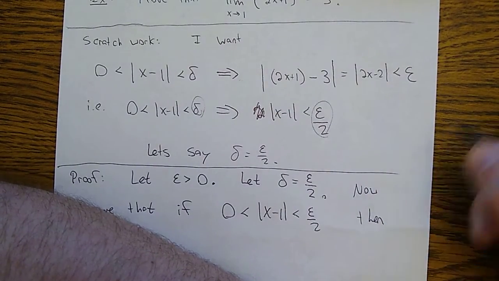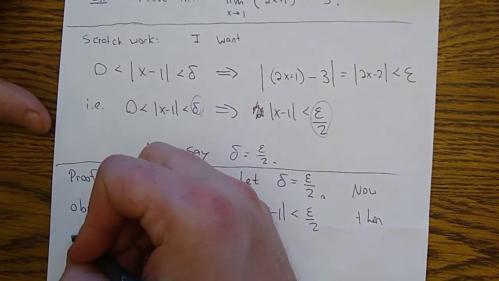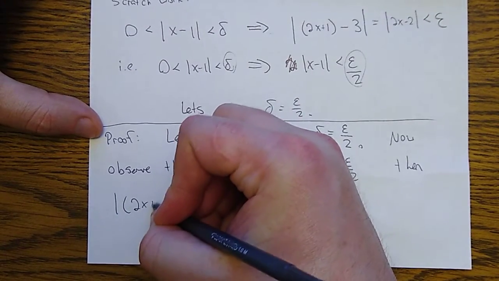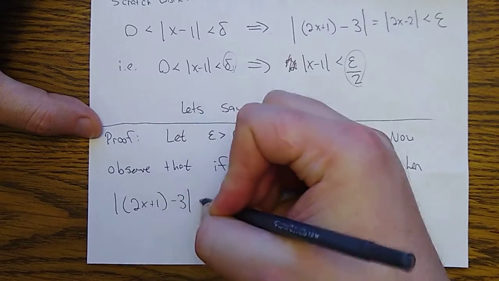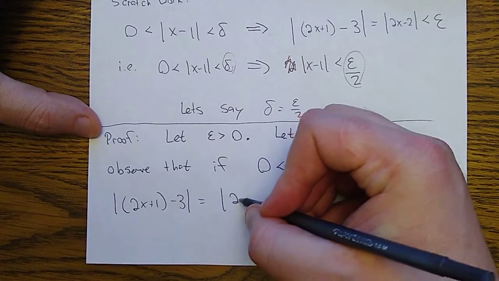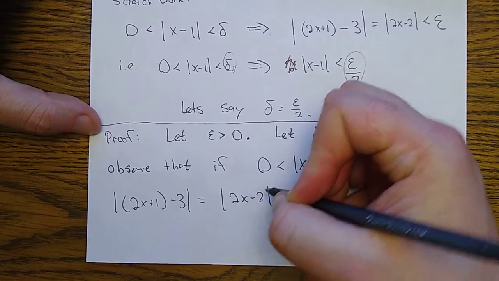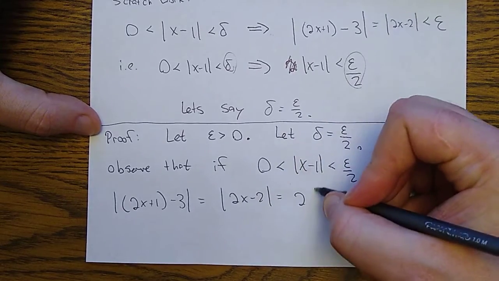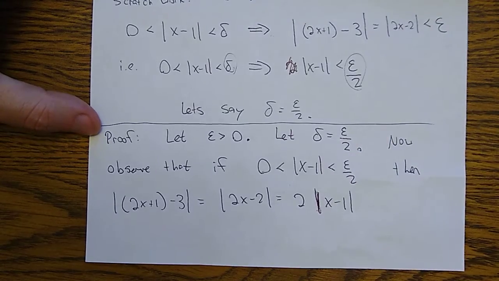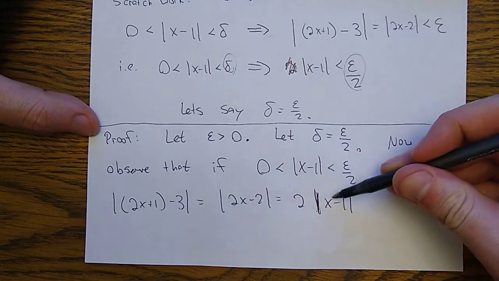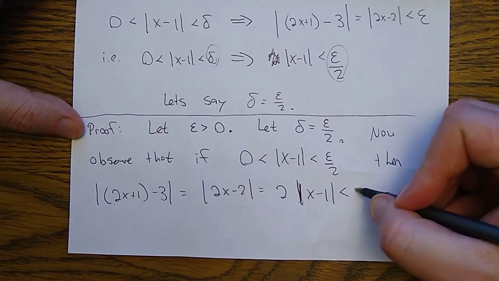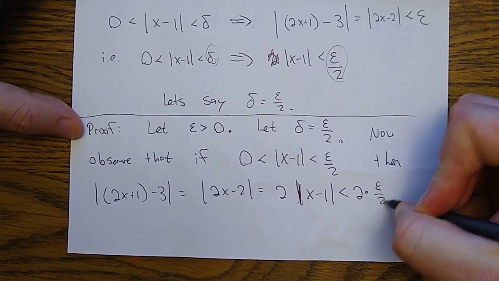Then 2x plus 1 minus 3 equals, I'm just doing the same algebra that I already did. It equals this. I can pull the 2 out. And I know that this number is less than epsilon over 2, so that would be less than 2 times epsilon over 2.